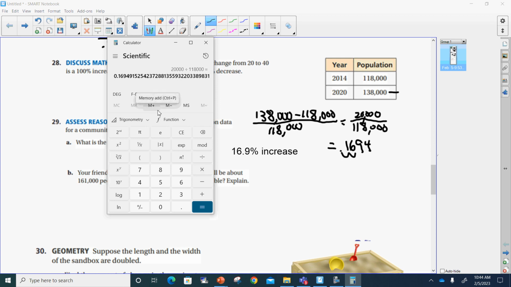Not a decrease. We're going to have to add this amount to that once we find it. So we're going to multiply it. Remember MMA is move it, multiply it, and right now we don't really need to move it because it was 16.9%. So now we're just going to go ahead and multiply this, times 138,000.